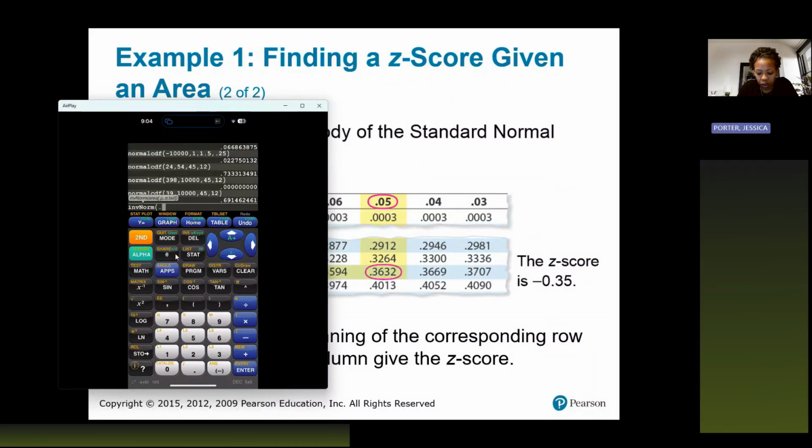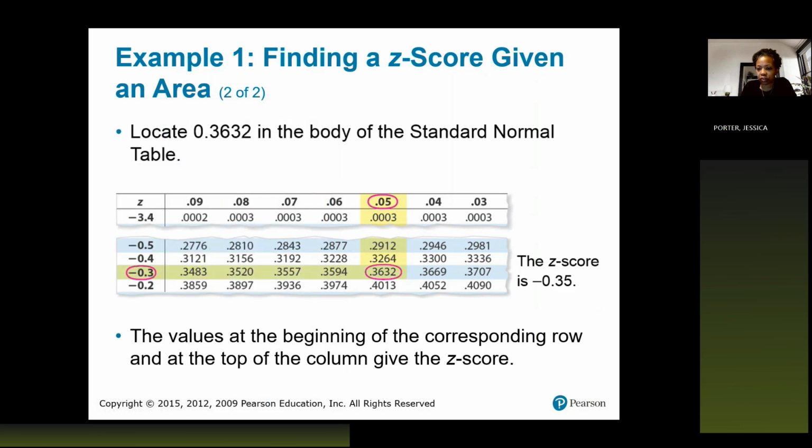We're going to put in the area 0.3632, then the mean 0, and then the standard deviation of 1, and hit enter. Oh, I put in the wrong area. It's 0.3632. Okay. So we have three different ways: we've got the table, we've got StatCrunch, and we have the TI-84, just depending on which mode of technology you are using.